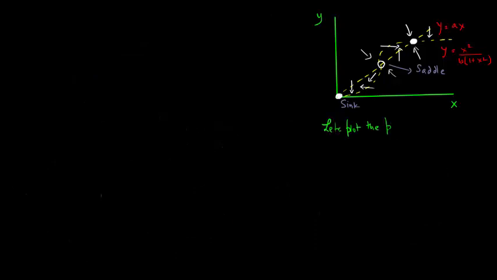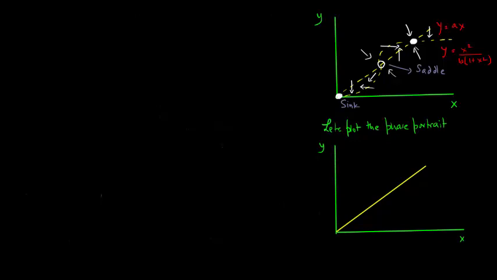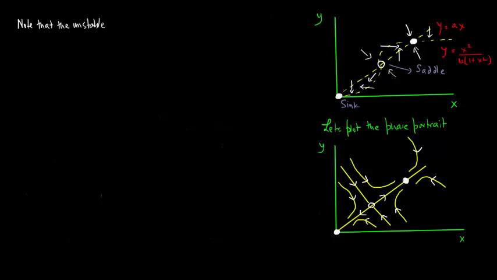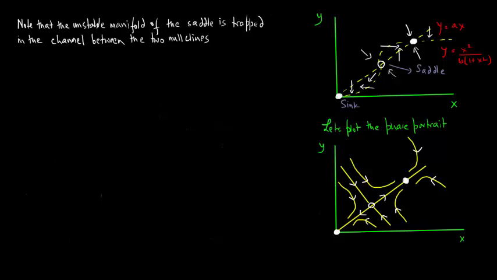Let's plot the phase portrait. So you have a plot of y versus x. That's the sink, that's the saddle, that's the sink. Note that the unstable manifold of the saddle is trapped in the channel between the 2 null clines.